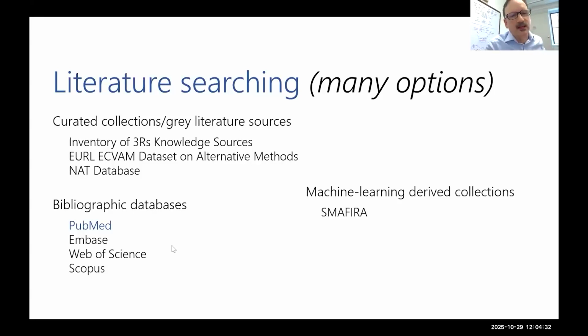I'm thinking, for example, of the inventory of 3R's knowledge sources. In particular, I know that they will link to organizational pages and also potentially white papers or research findings from those organizations.